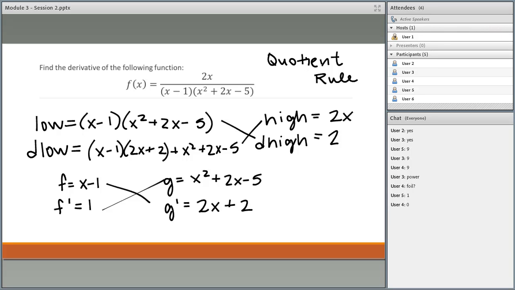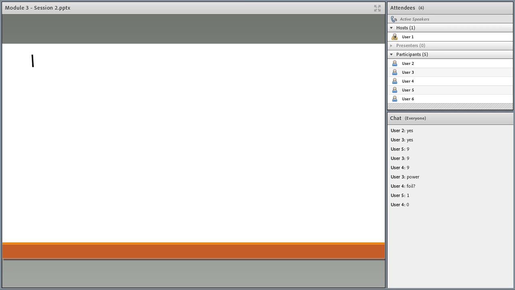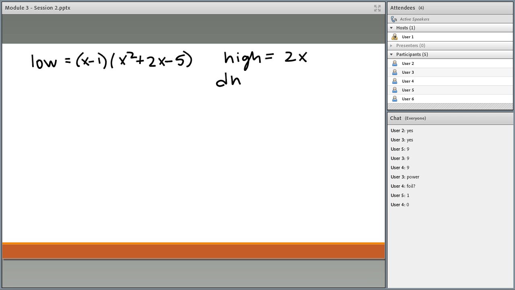Let me go to the next page just for a little bit more space, and I'll rewrite what we have here. So low, what was in the denominator, x minus 1 times x squared plus 2x minus 5. High, what was in the numerator, was 2x.